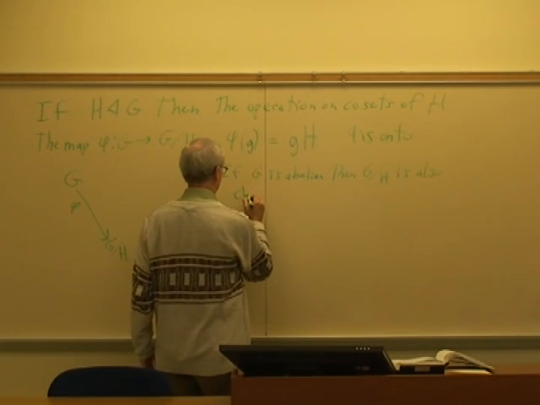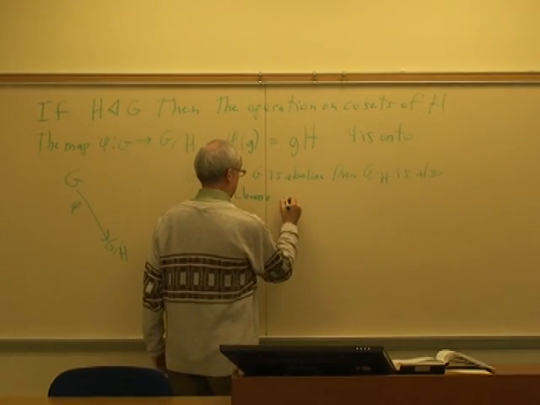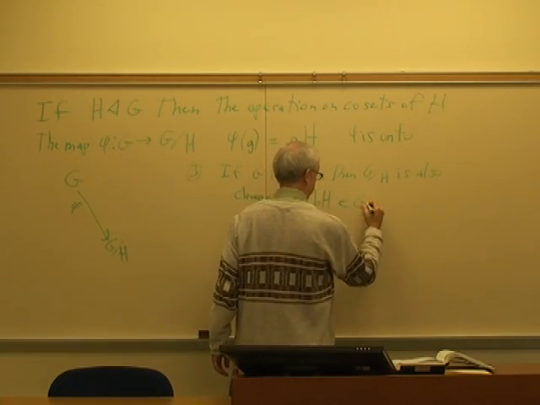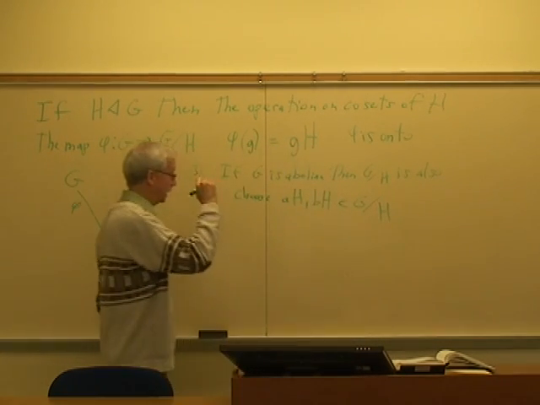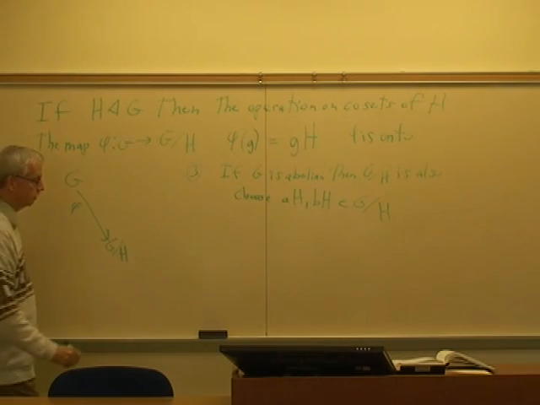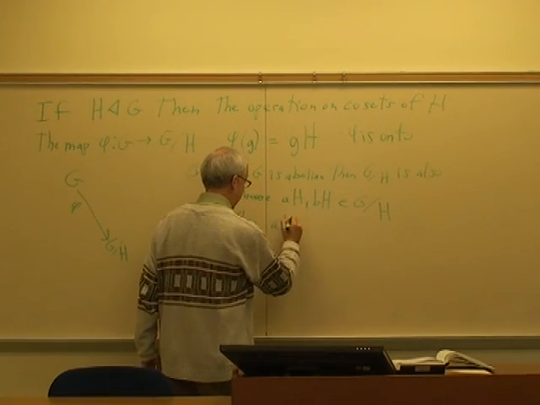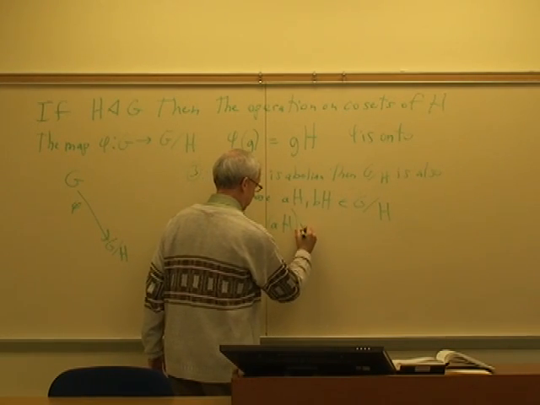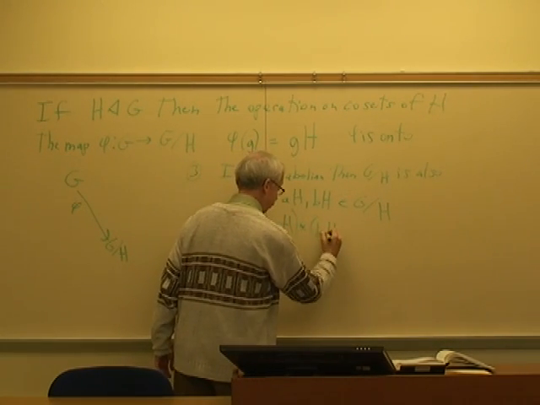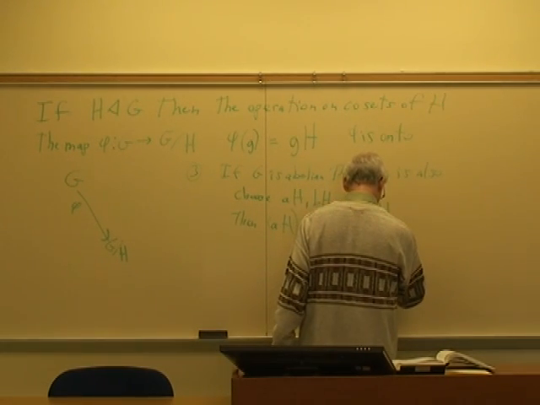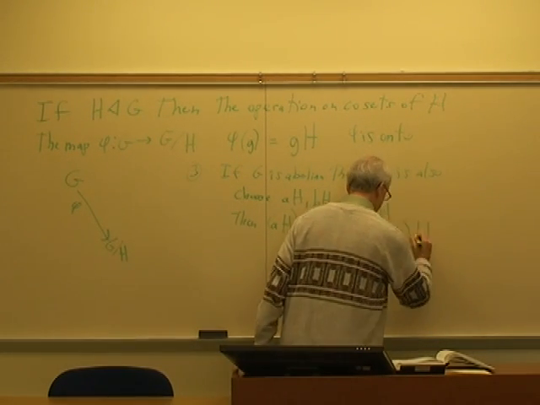So choose aH, bH in G mod H. That's what the elements look like. Then aH star bH, the operation of those two cosets, is by definition equal to abH, right?